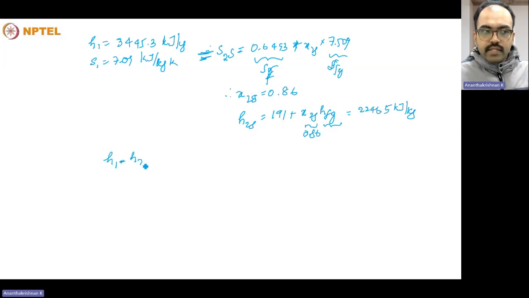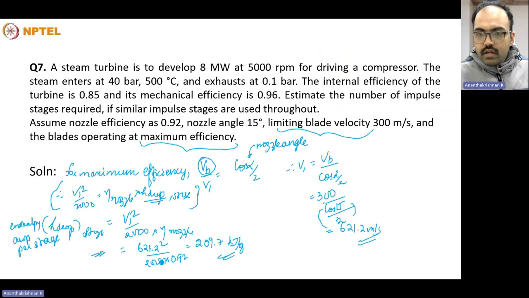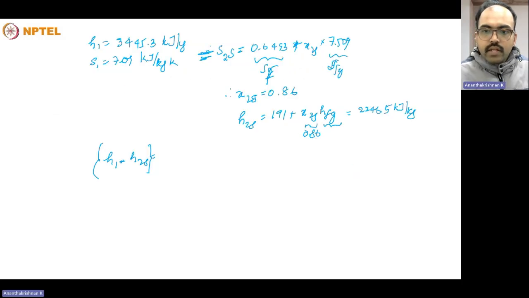Therefore, H1 minus H2s will be the change in enthalpy during the stage, that is the total change in enthalpy, not per stage.